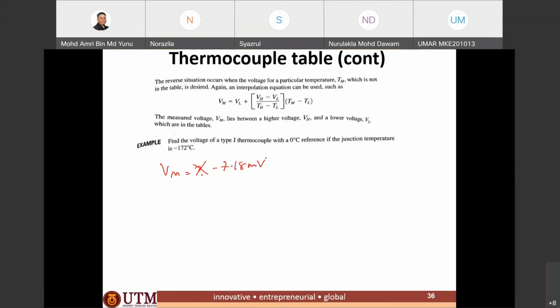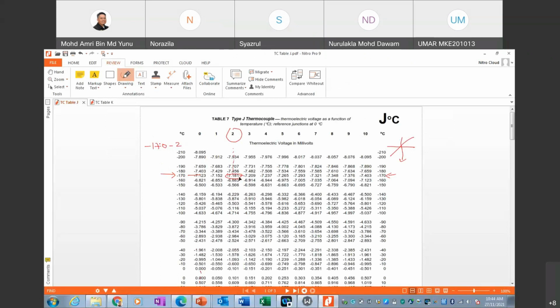But let's say we assume, let's make an assumption this point doesn't exist. This row doesn't exist.